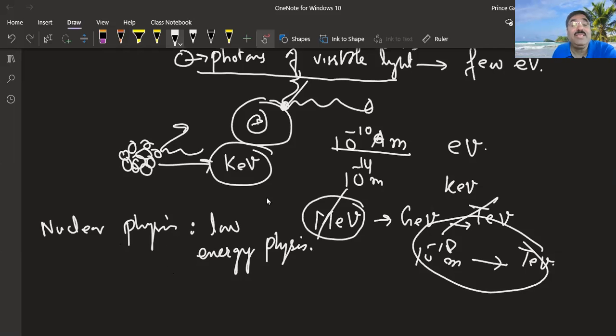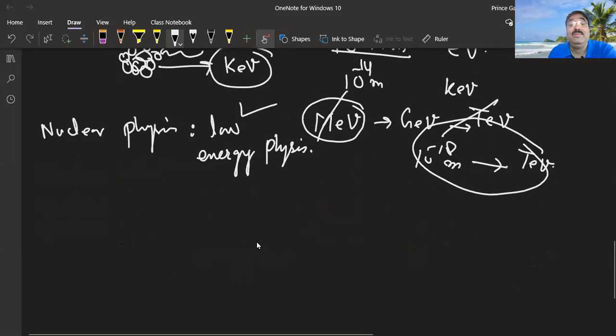So nuclear physics is still a low energy realm of physics. Although you all know that nuclear energy is very huge, it may mislead you that nuclear physics means high energy, but nuclear physics means low energy as compared to the energy that's required to actually do some particle physics.